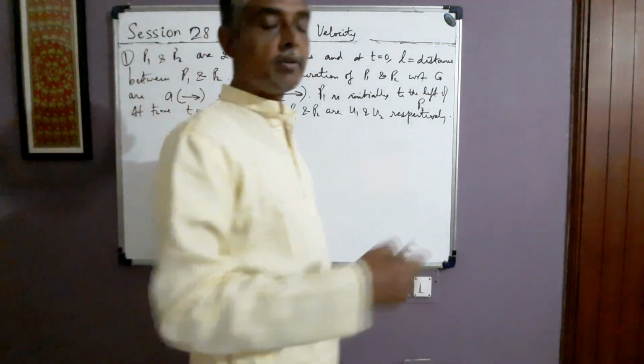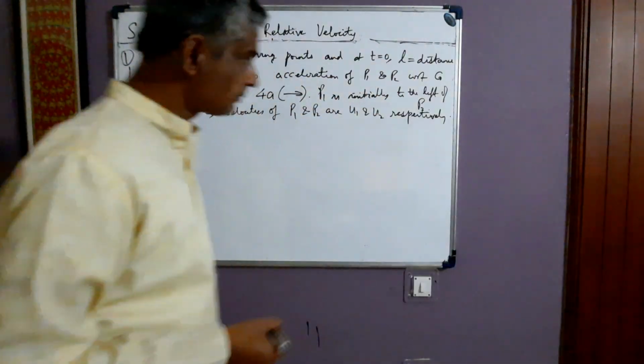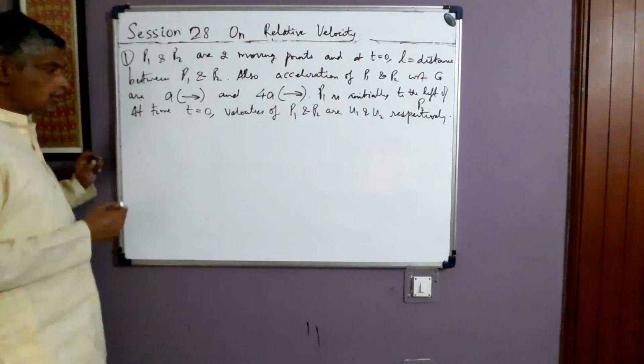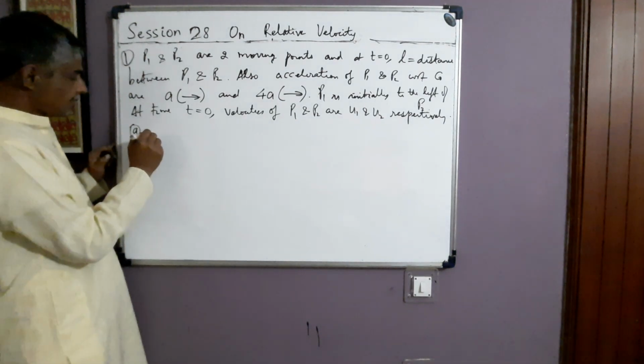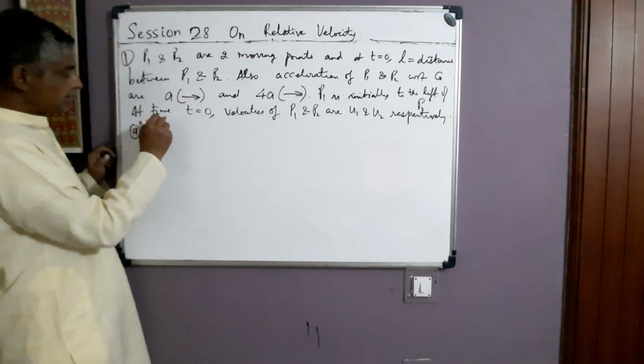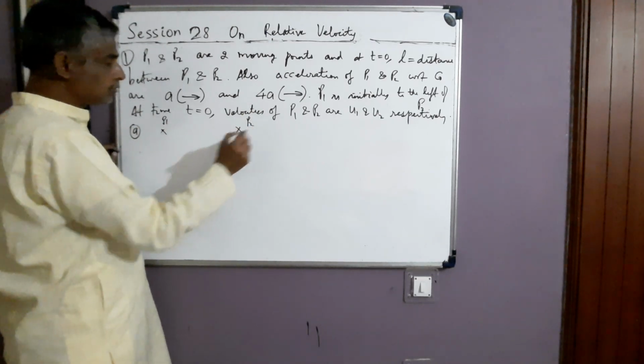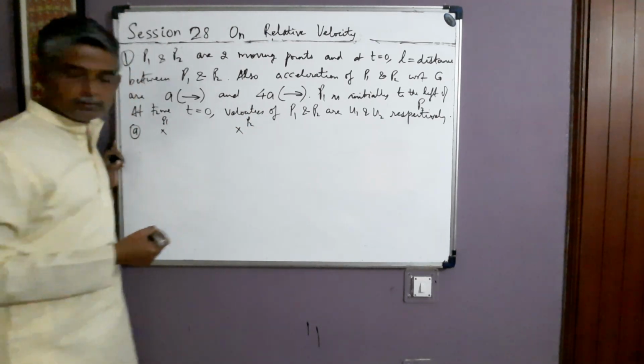Both P1 and P2 are moving along the common line joining them. First case: initially P1 is to the left of P2, separated by a distance L.